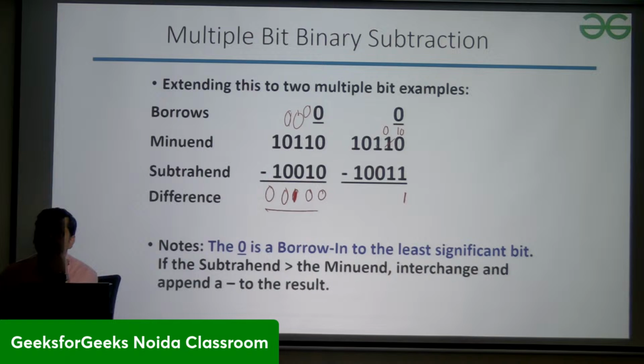It has to take borrow from the previous one. Whenever it gives borrow, it is going to be reduced by 1, so it is 0, and this is going to be 1 0. So 1 0 minus 1 is going to be 1. 1 0 is 2. 2 minus 1 is 1. So that is 1. Now there is no value at this particular place, so 0 minus 0 is going to be 0, 0 minus 0 is going to be 0, 1 minus 1 is going to be 0.